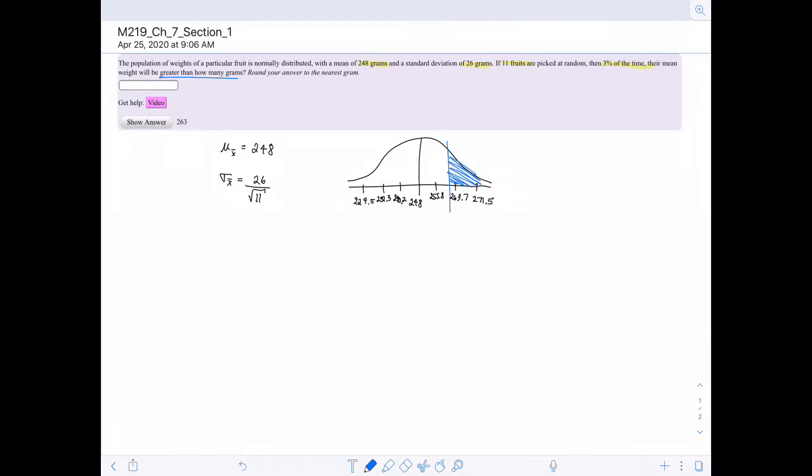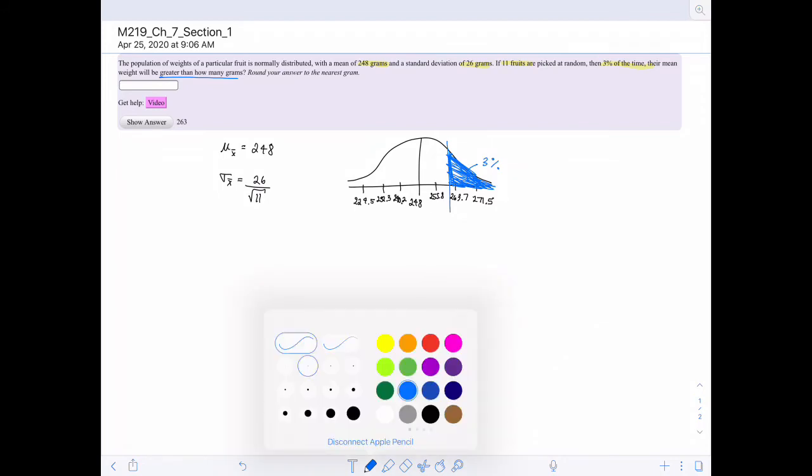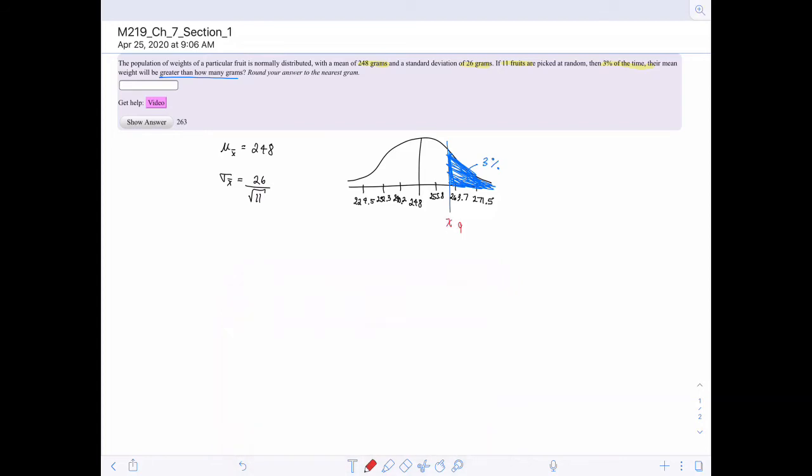So 3% greater than would be to the right. Okay, so if that area is 3%, then what X value in grams corresponds to that?